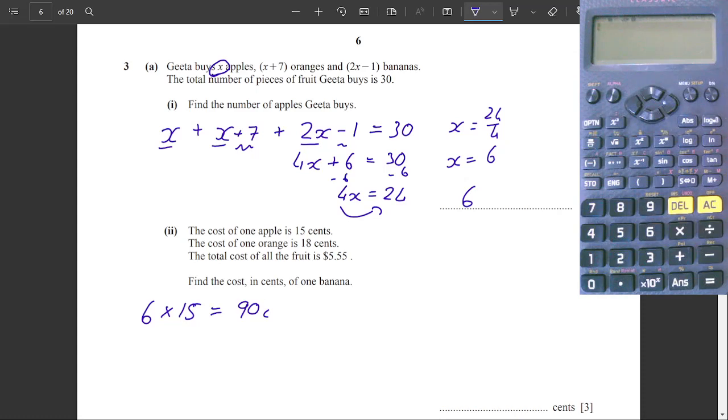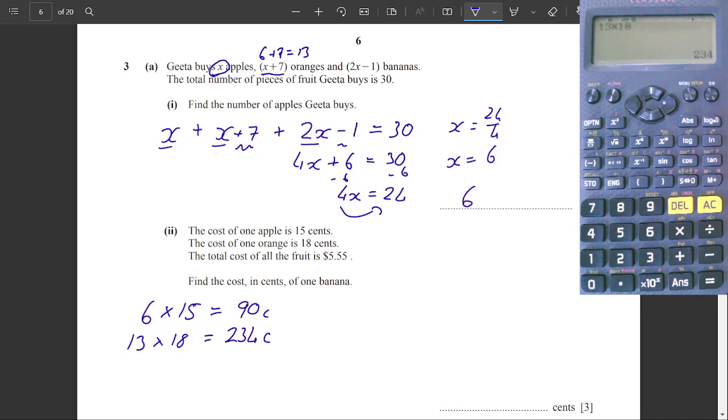Now remember, the oranges is x plus 7, so she did 6 plus 7. She bought 13 oranges. So 13 times 18. Don't waste your time to do that in your head. 234 cents is what she paid for the oranges.